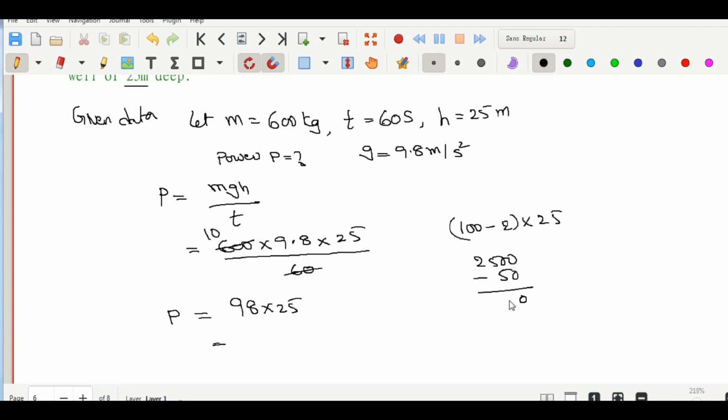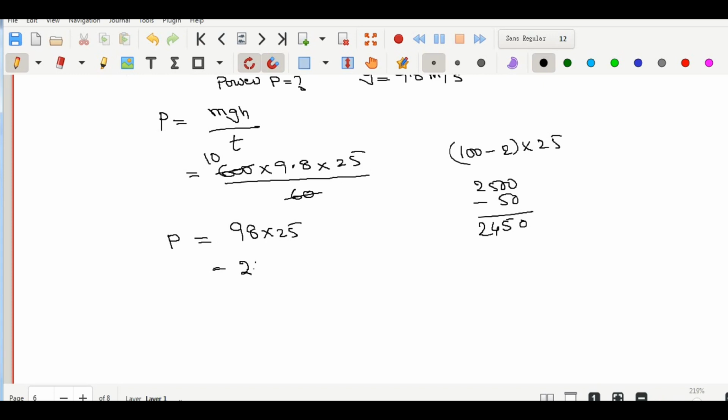That gives 2450 watts. The power of the pump is 2450 watts. This is the final answer.